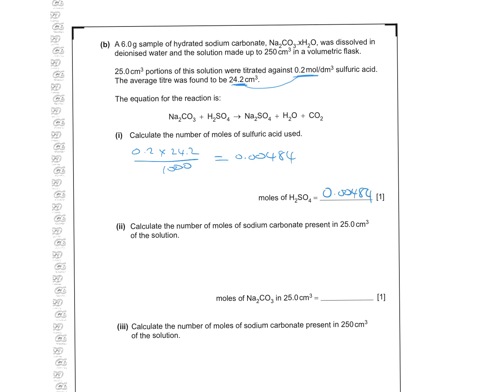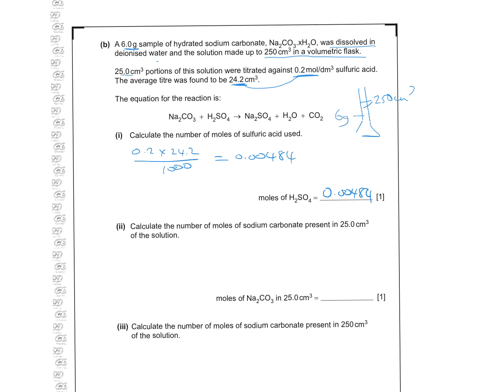Now, just in case you're not sure of what values are applying to the sulfuric acid, we see here that 6 grams of the carbonate was dissolved in the water and made up to 250 in a volumetric flask. If I draw the volumetric flask, that's 250 cubic centimeters, and that's the 6 grams.